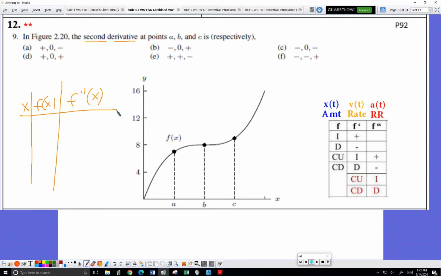Okay, what I notice is that at x equals a, if I'm comparing these two, Danica's chart tells me what I should be thinking about. It's right here. The only connection between F and F double prime that's easy to see is the concavity of F compared to the positive or negative of the y-coordinates of F double prime. Listen closely for when I say y-coordinate versus x-coordinate. It's crucial that you keep them separate.